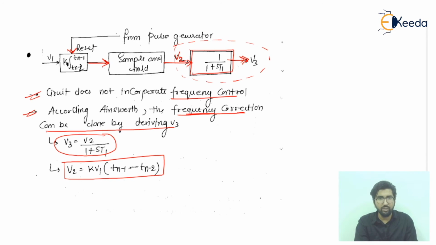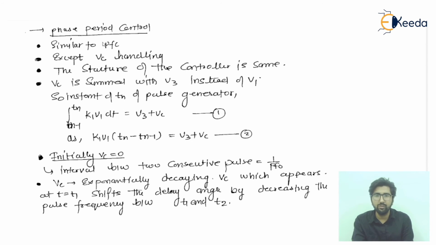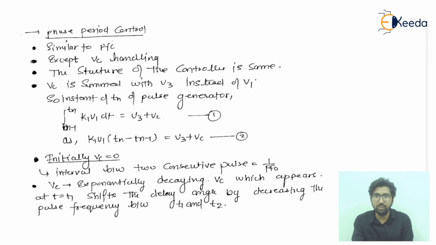Now we will move on to the next one. If we talk about the phase period control, it is similar to the PFC, the pulse frequency control we talked about in the previous slides. The controlling system that we are using is similar to the PFC schemes.